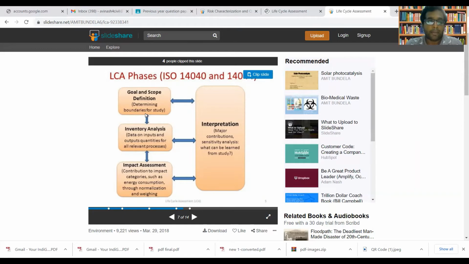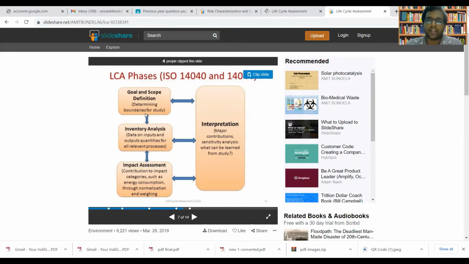Next one is impact assessment. Impact assessment means, during the different stages in the life of this particular product, what are the impacts? The contribution to impact includes energy consumption and all these things.